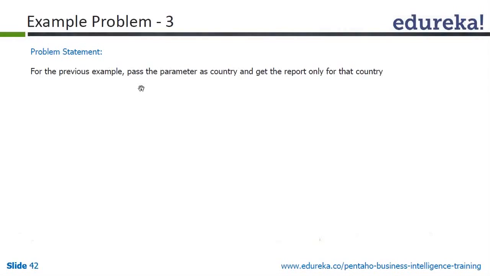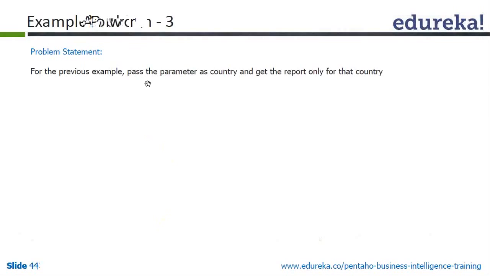Rather than generating a report of 357 pages and then searching for India and going through Indian Airlines, why not supply a parameter as a country? You can give the parameter before generating the report. Now how? Is there any way to pass the parameter?